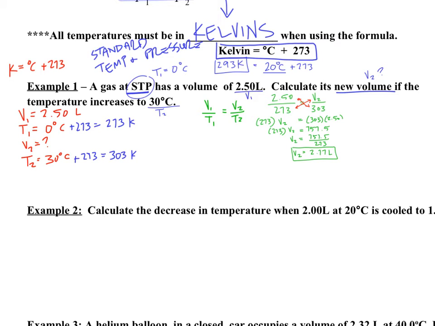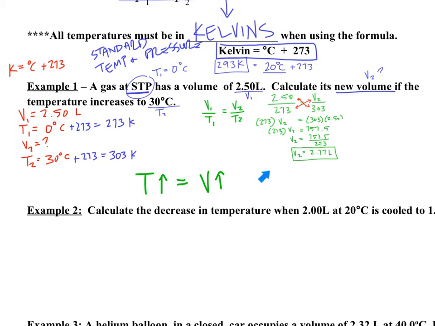So an increase in temperature also leads to an increase in volume. If my initial volume is 2.5, then I know that this volume cannot be anything less than 2.5. It has to increase. And sure enough, it increases to 2.77 liters.